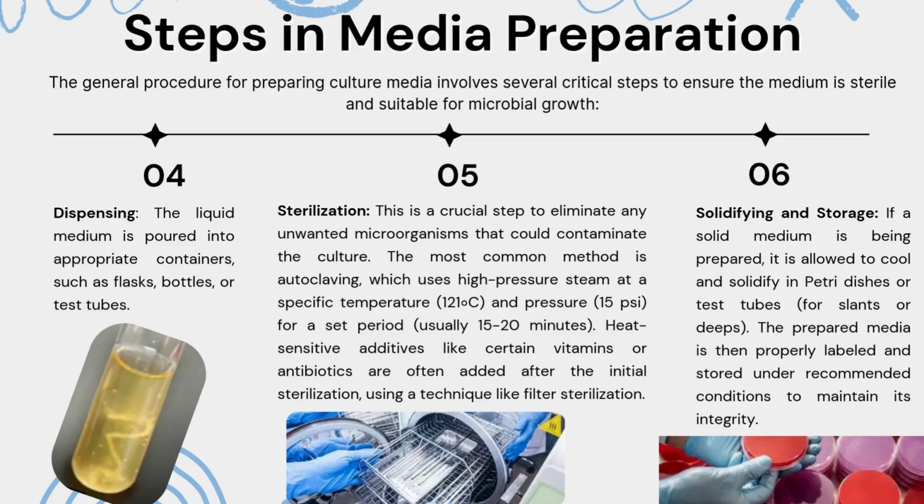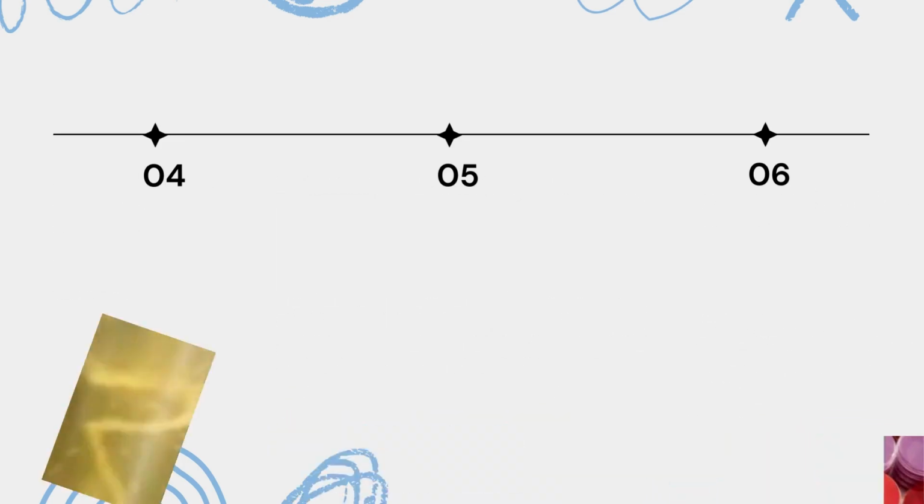Heat-sensitive additives like certain vitamins or antibiotics are added after the initial sterilization using a technique like filter sterilization. Then moving to solidifying and storage. If a solid medium is being prepared, it is allowed to cool and solidify in a petri dish or test tube for slants or deeps. The prepared media is then properly labeled and stored under recommended conditions to maintain its integrity.